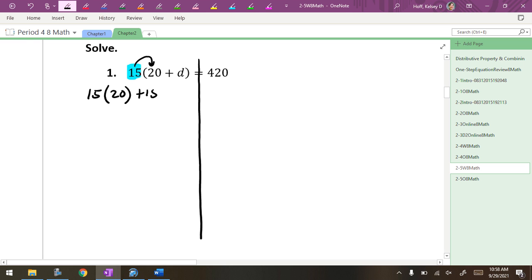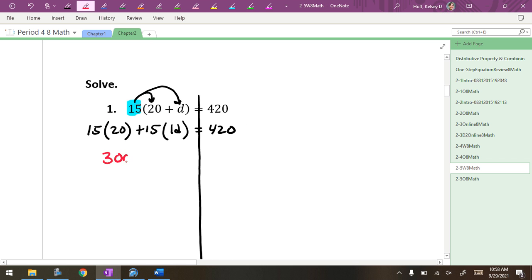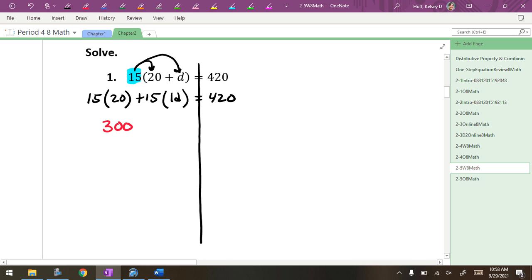So +15 times 1d equals 420. Now we multiply. 15 times 20 is 300. 15 times 1d, plus 15d equals 420.